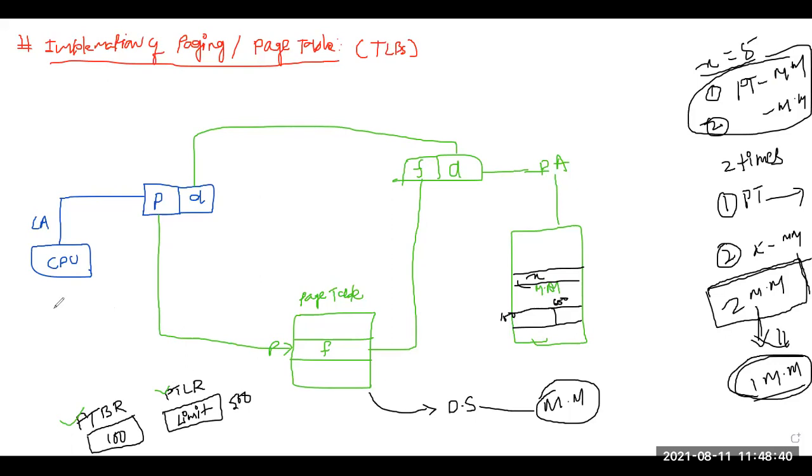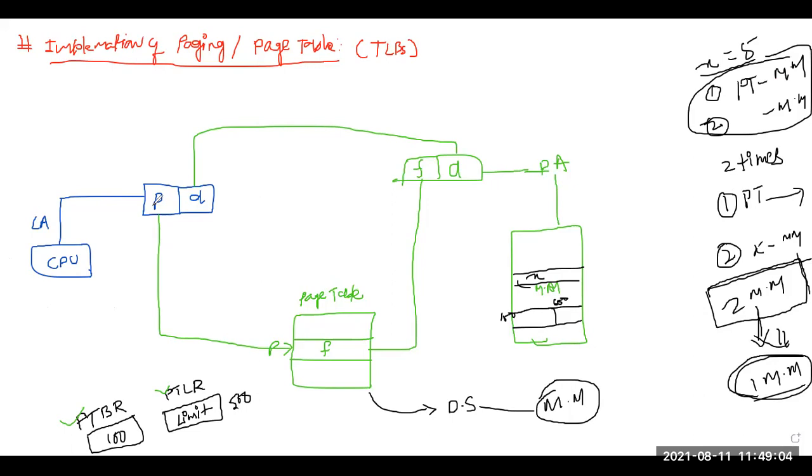So if you want to implement this paging concept or page table concept logically, what is the drawback here? Every time, whenever the CPU is requesting a data or an instruction, what will happen?